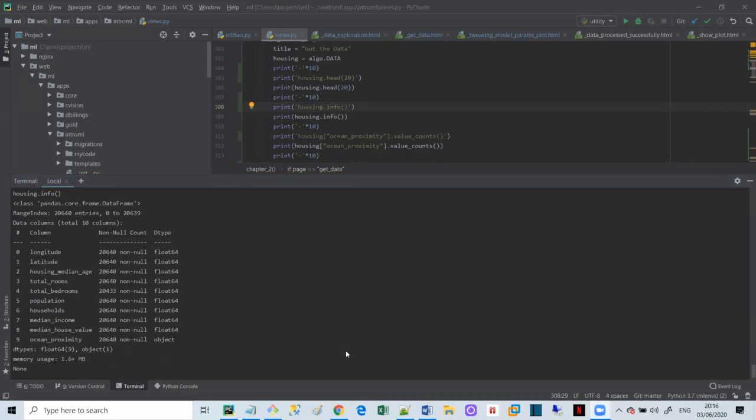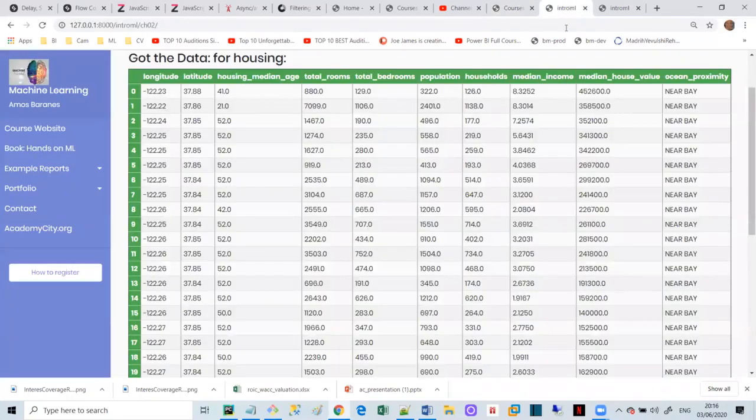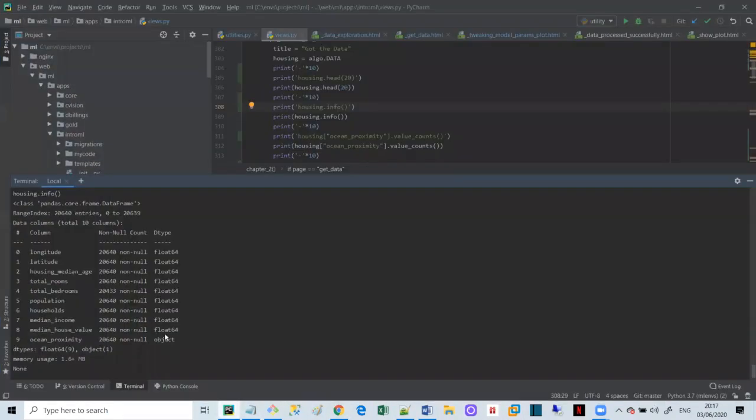This info command is basically counting how many data points you have in that column. Let me explain that more clearly. Let's look at the data. We have the data, we have columns, is that right? I said to it, for each column here, tell me how many data points you have. So it went and looked in all the columns and counted all of them.